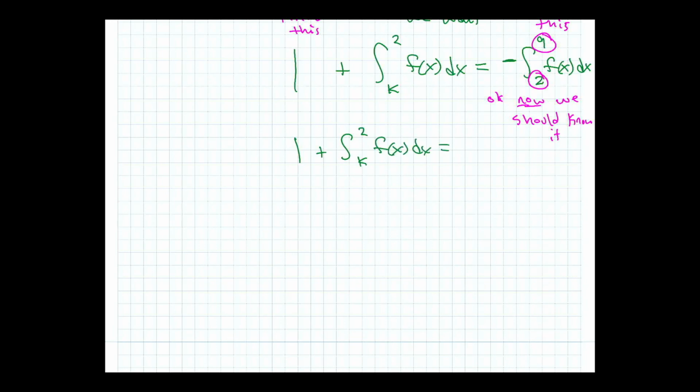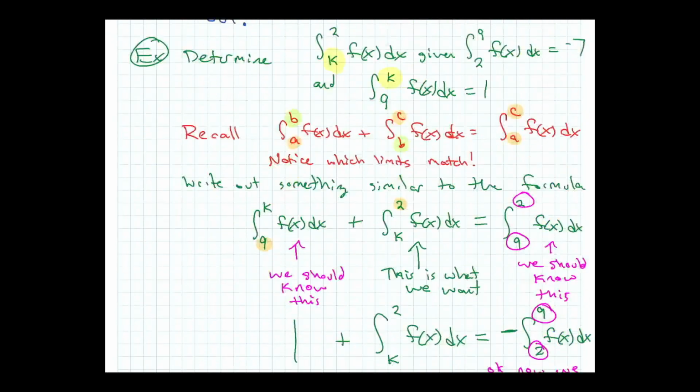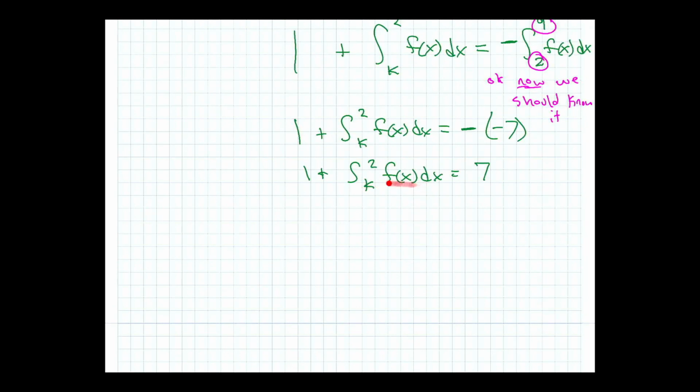We used a property here to switch the signs. Now we have a negative, and then what was this integral? It was simply -7. Okay, so I've got 1 plus the integral from k to 2 of f of x dx is equal to +7. And we are trying to find this. Remember the goal?